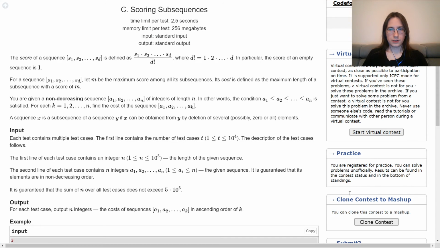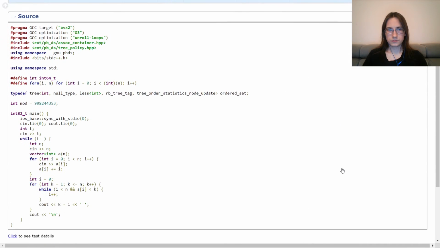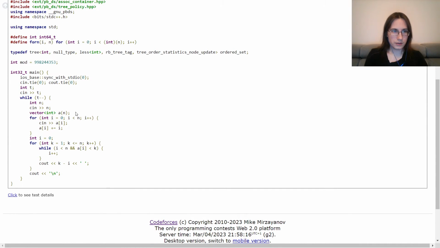Let's see how I implemented it. We read a. Instantly we switch to ai plus i instead of a, so we store those values instead of our original array a. Then I create the value i, which will be used from iteration to iteration, because I want to use the two pointers method.